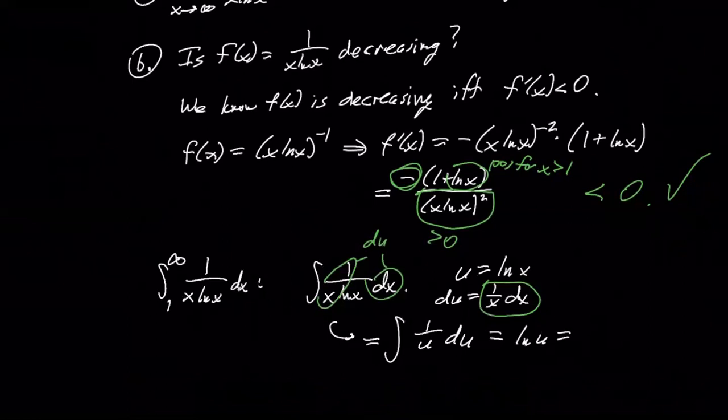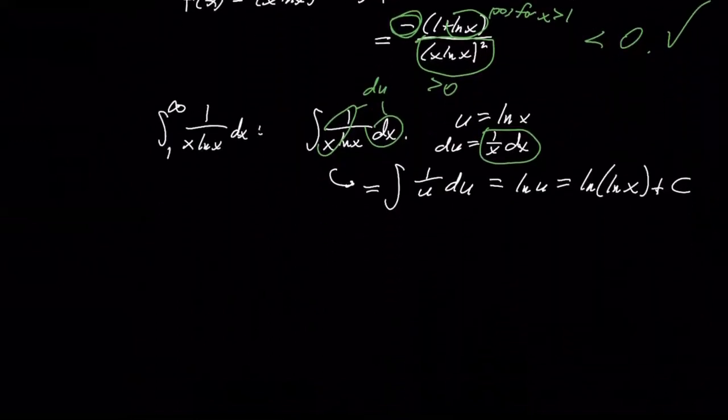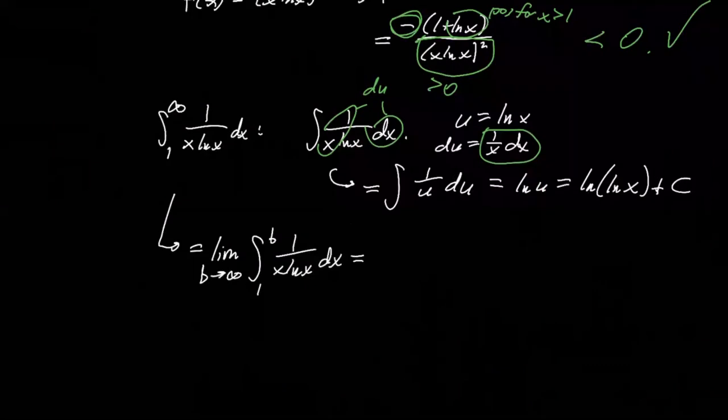And the actual integral here is ln of ln x, plus c, since it's the indefinite integral. But that means that the improper integral is really the limit as b goes to infinity of the integral from 1 to b of 1 over x ln x dx.